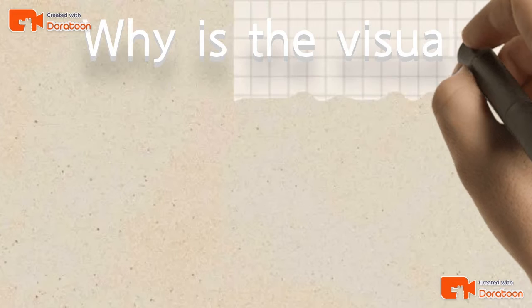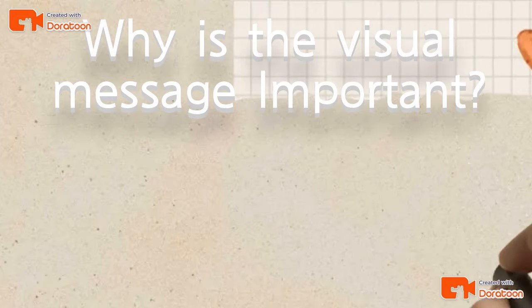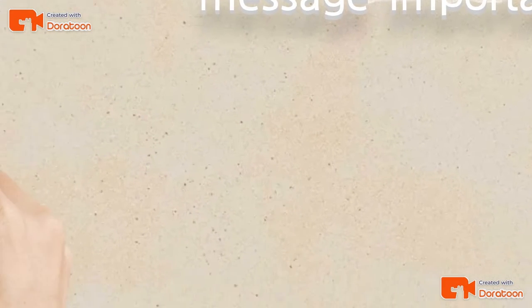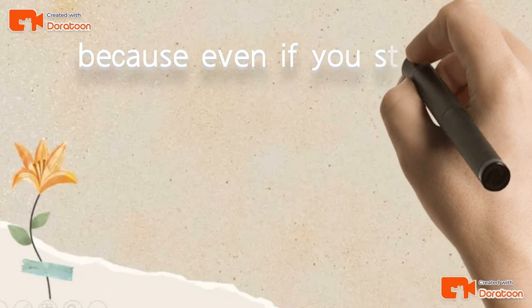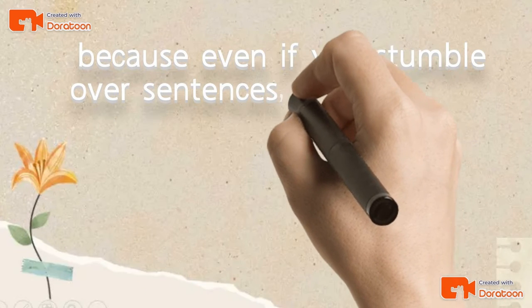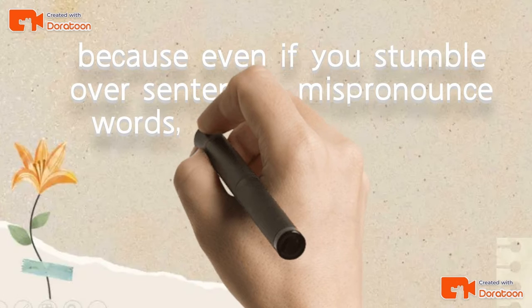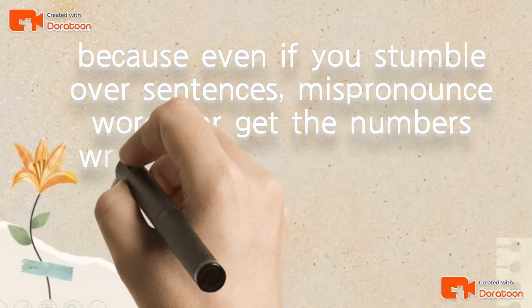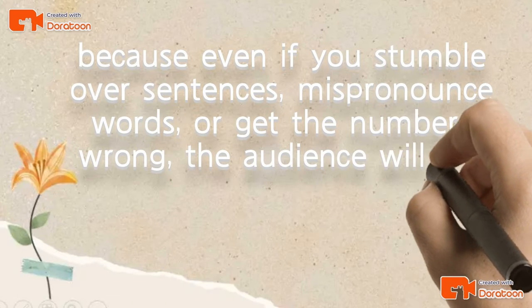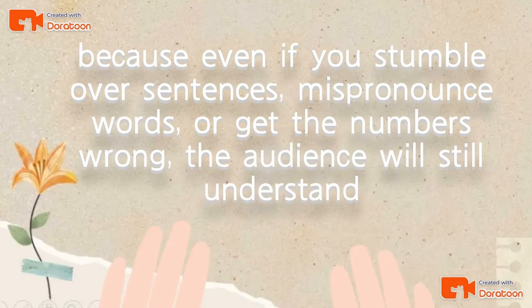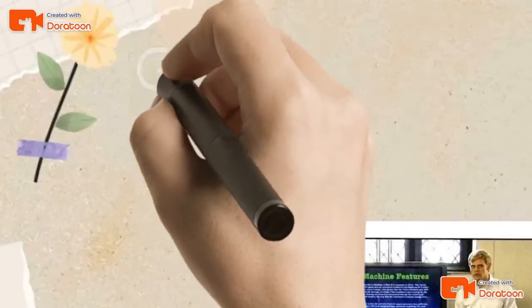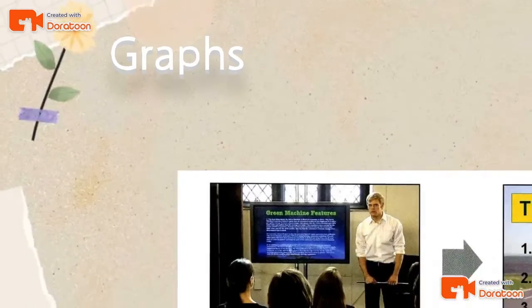Next, why is the visual message important? Because even if you stumble over a sentence, mispronounce a word, or get the numbers wrong, the audience will still understand. Graphs.